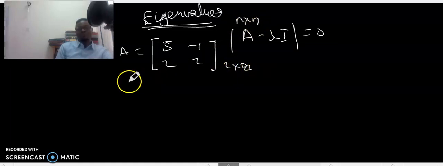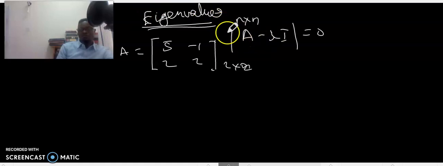N by n simply means the number of rows is equal to the number of columns, and that is why we are able to find the eigenvalues. Because to find the eigenvalues of any matrix, that matrix must be square. If you have 3 by 2, you will find difficulty in finding the eigenvalues.